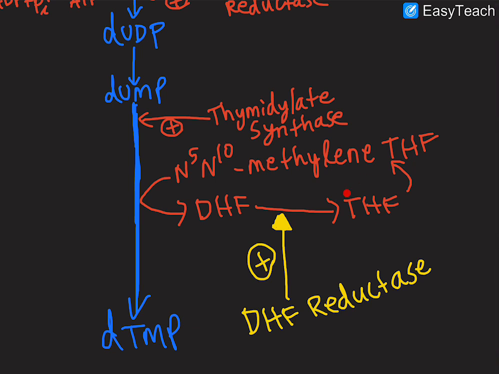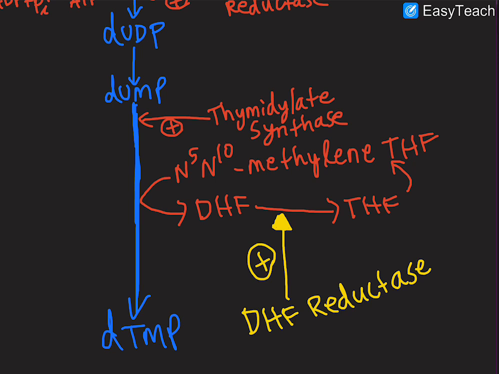Then tetrahydrofolate gets converted into 5,10-methylene tetrahydrofolate. That again participates in this reaction, gets converted back to dihydrofolate, and this is a whole cycle. So dihydrofolate reductase is an important enzyme in this step when we convert deoxyuridine monophosphate to deoxythymidine monophosphate, and we also need thymidylate synthase for this.